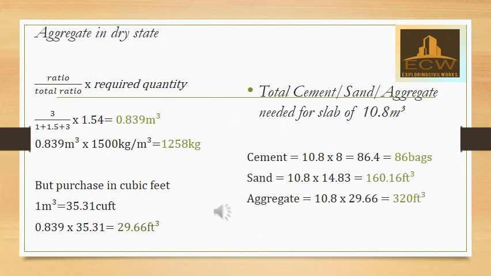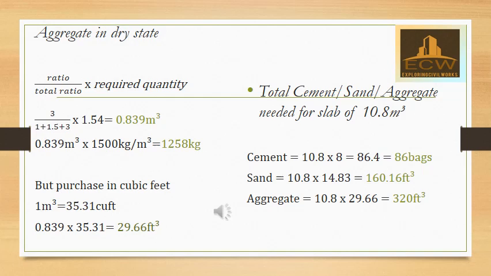86.4. So approximately 86 bags of cement would be needed in order to cast a slab of 10.8 cubic meters, right? With the sand, we do the same thing: we multiply our 10.8 by 14.83 cubic feet, so we get 160.16 cubic feet of sand we have to purchase.